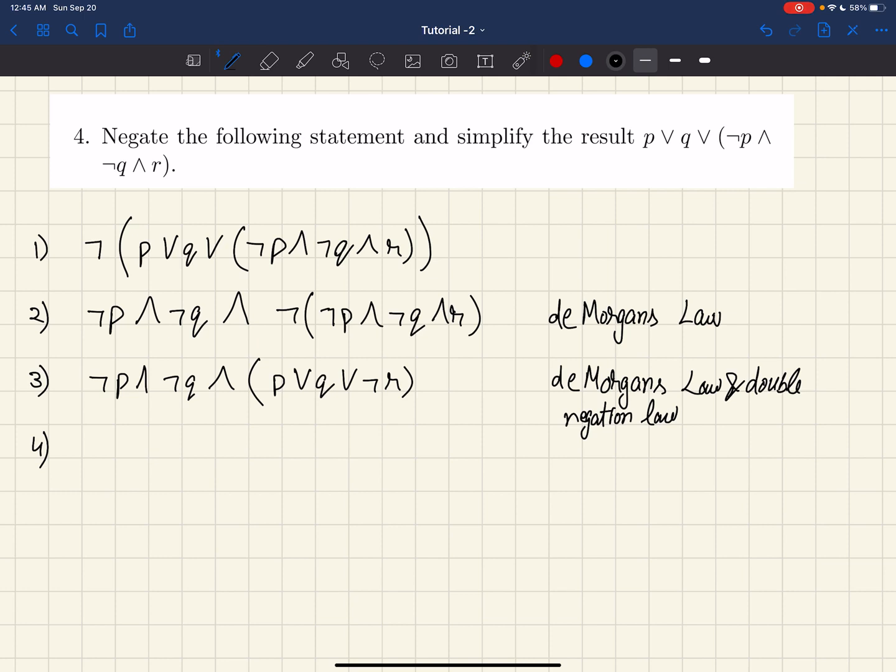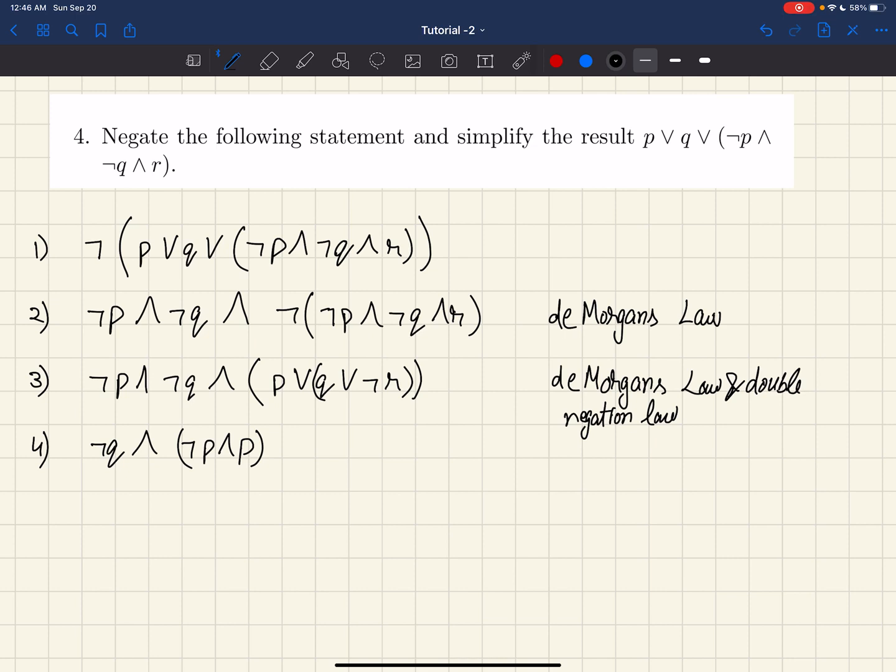Leaving aside not Q, we have not of P and P, or not P and, making Q or not R as a separate statement.